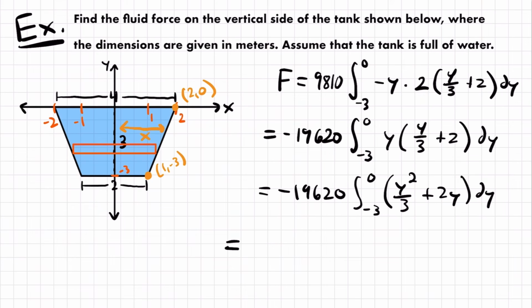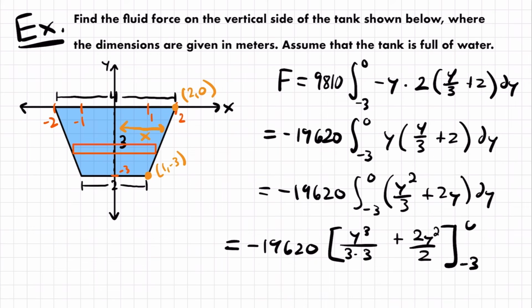And so this will be equal to negative 19,620 times y cubed divided by 3 times 3, right? We added 1 to the exponent to get 3, so we need to divide by another 3. So we have this 3 times another 3, plus 2y squared divided by 2, because we added 1 to this exponent to get 2, so we divide by 2, and that will be evaluated from negative 3 to 0.